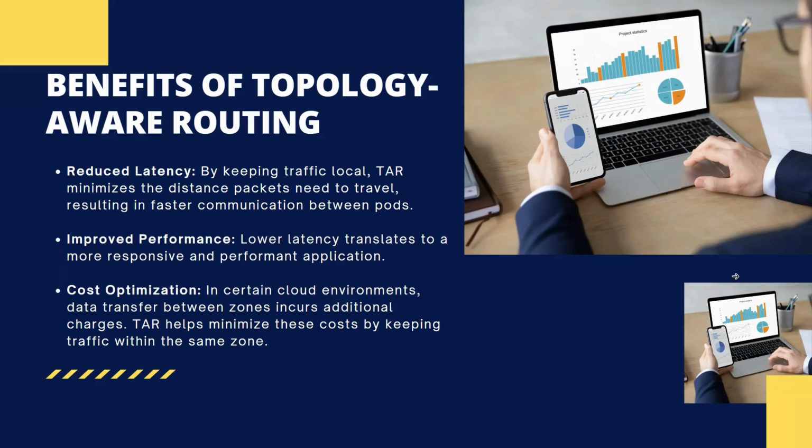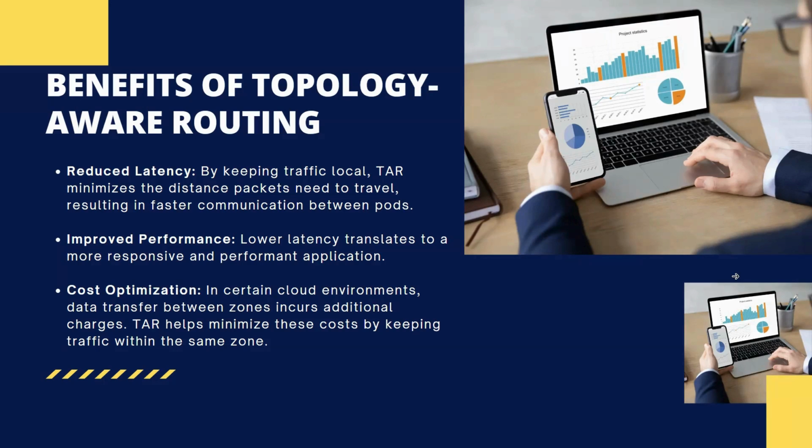And improved performance: when you lower your latency, it translates to more responsive and performant applications, right? And you've already saved your network cost because you are not traveling a long distance, you are traveling within your zone, so there is a cost optimization benefit also.